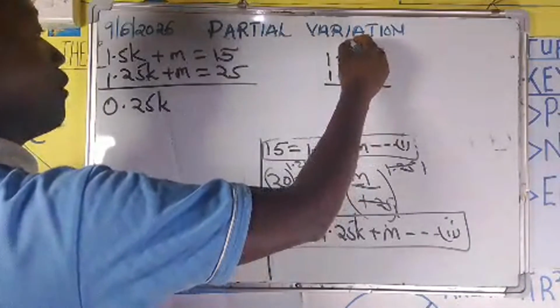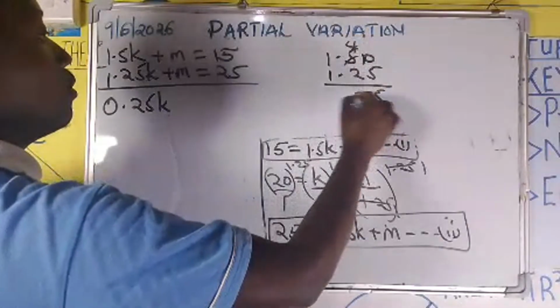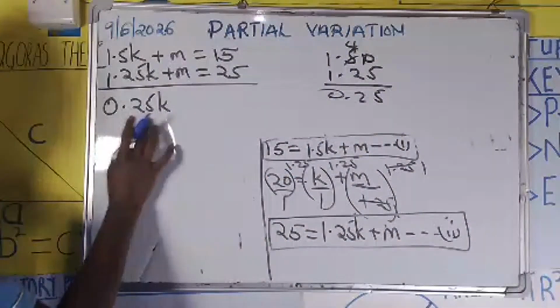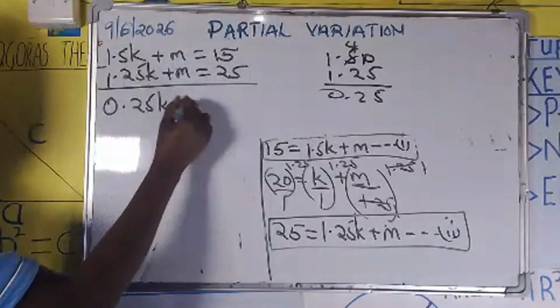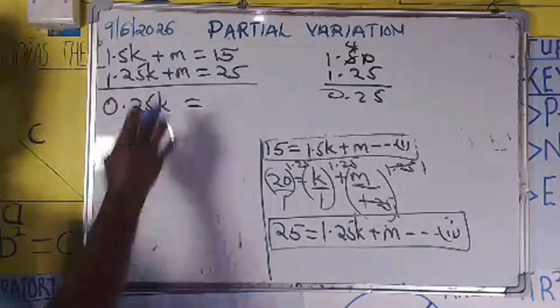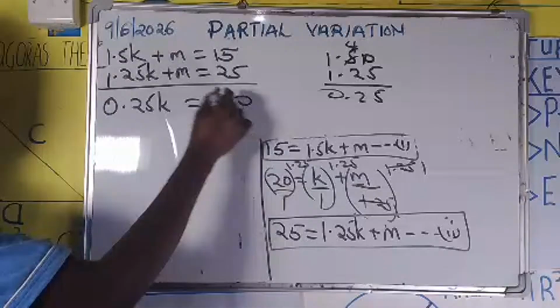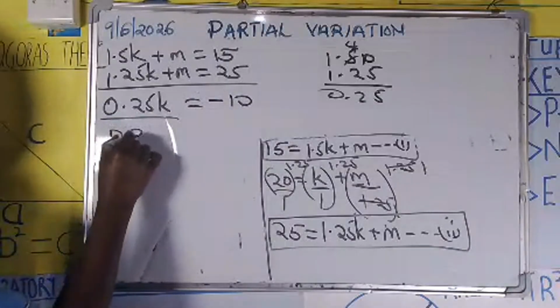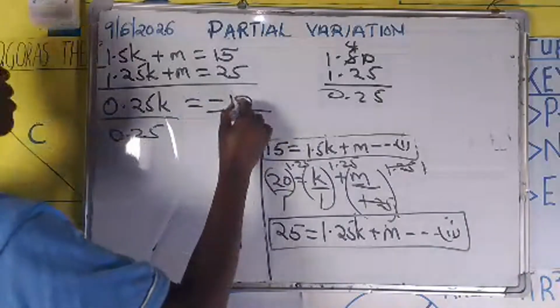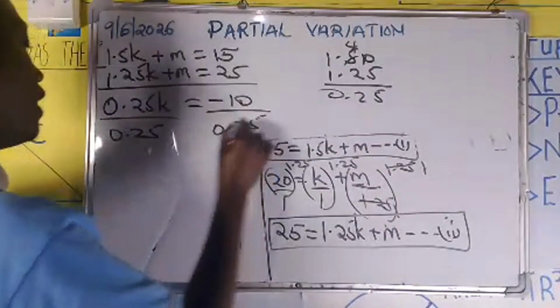So correct. 0.25k, m minus m itakuwa 0. So itakuwa equals 15 minus 25 is negative 10. So 0.25k, we divide both sides by 0.25.